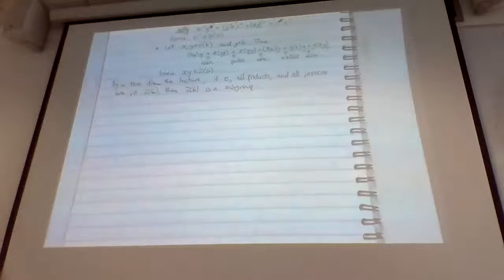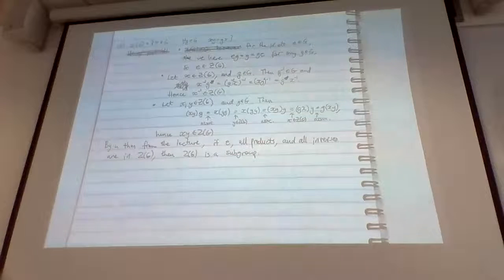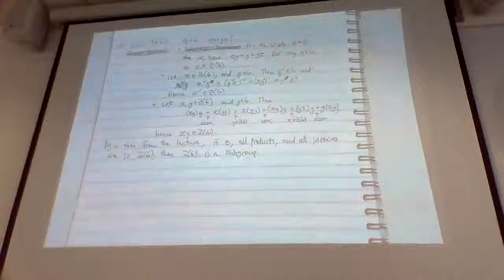Okay, part E, show the center is a group. Center, label Z, centrum. You've got the definition of it. Now, here you make a choice how you're going to approach the question.